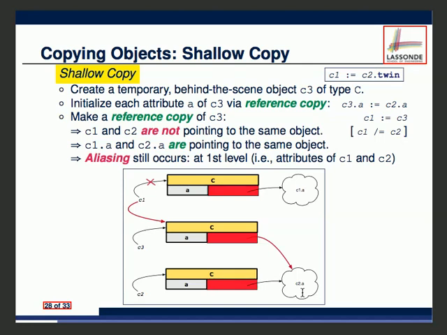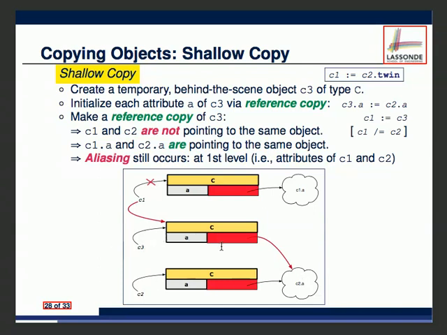No, because that's shallow copy, which means we only make a reference copy of that attribute. You can see this new object we just created, its A field is going to point to C2.A as well. So that one is really aliasing. You can see the aliasing does not occur at the first level, it occurs at the second level. Okay?